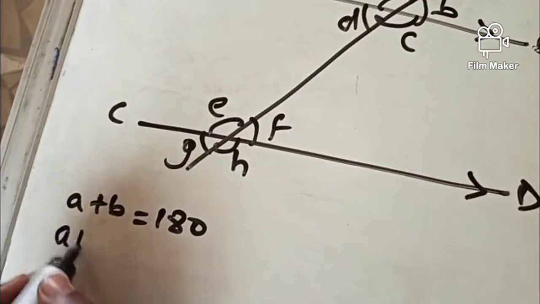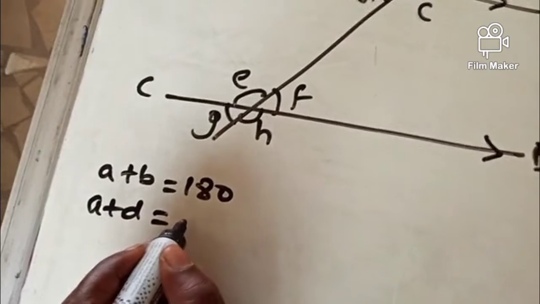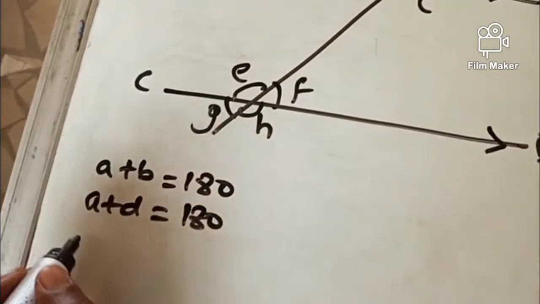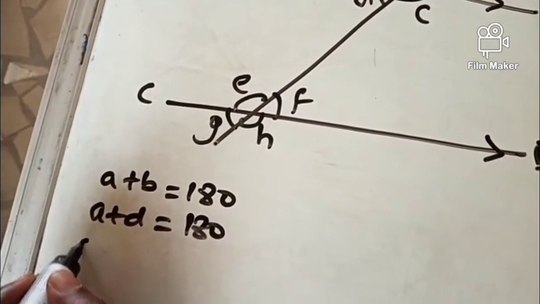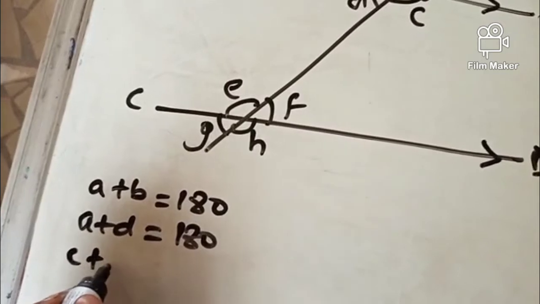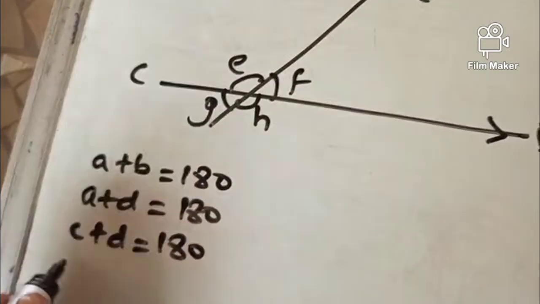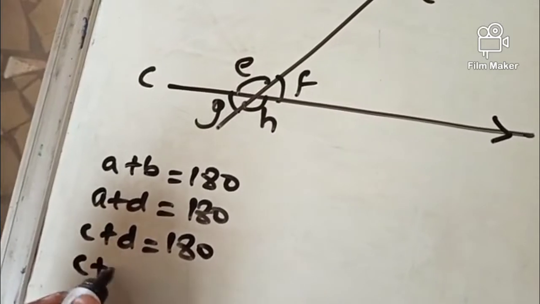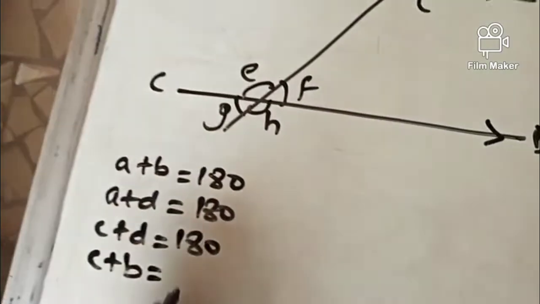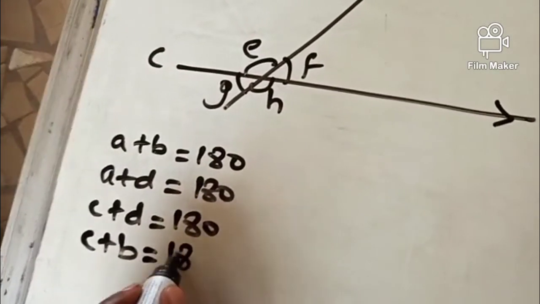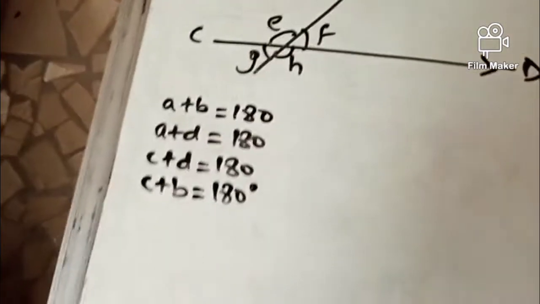Also, A and D are on a straight line, 180 degrees. C and D are also on a straight line, their sum will be 180 degrees. The same thing with C and B. Angles on a straight line sum to 180 degrees.